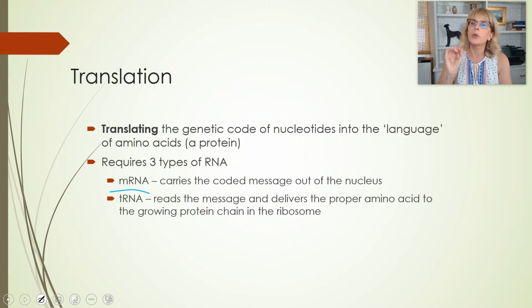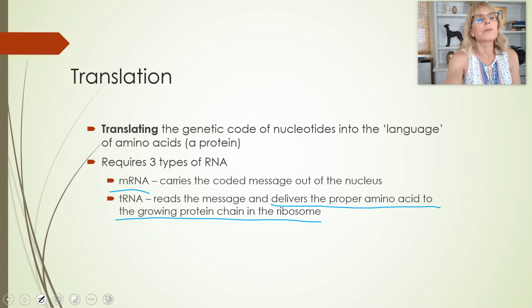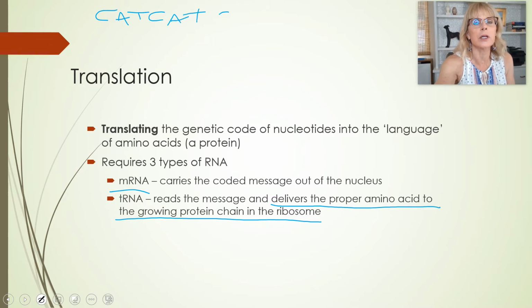Transfer RNA. We will talk more about transfer RNA. However, it is going to deliver the proper amino acid to the growing protein chain. So its job is transferring. Transferring what? Transferring an amino acid. Remember, this is going to be in code. Let's just spell cat a bunch of times.